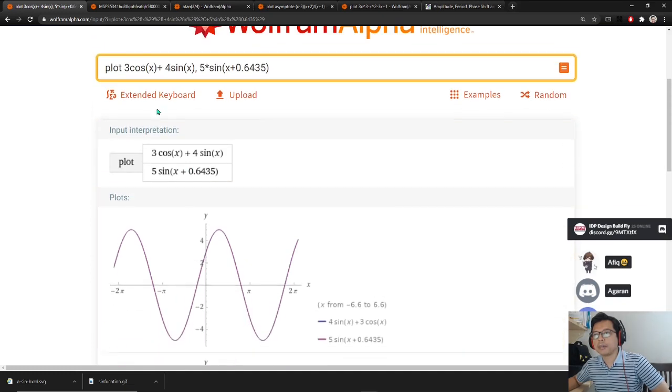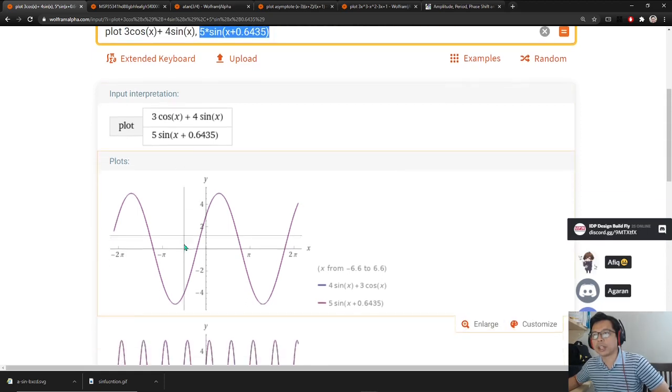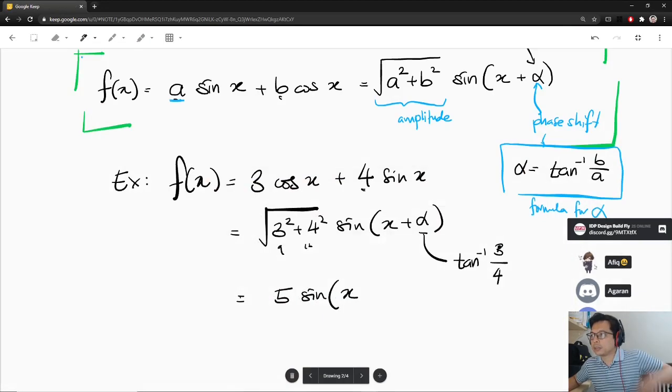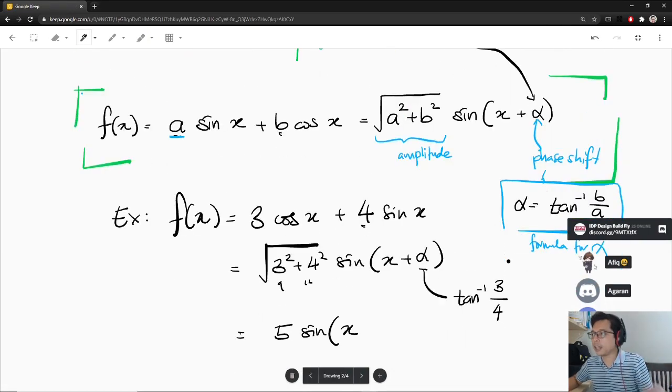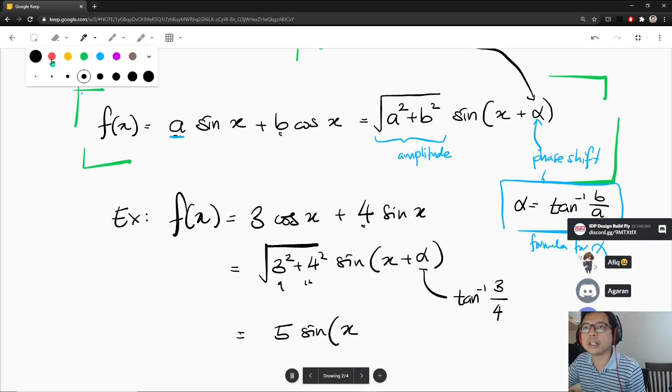Because according to the formula before, this is equal to this. If I plot those together, you can see that both are the same thing. Please make sure that you get a and b right. Let me make this clearer.